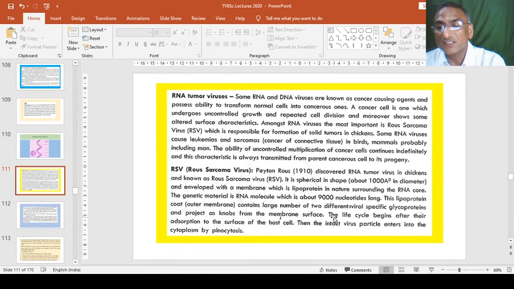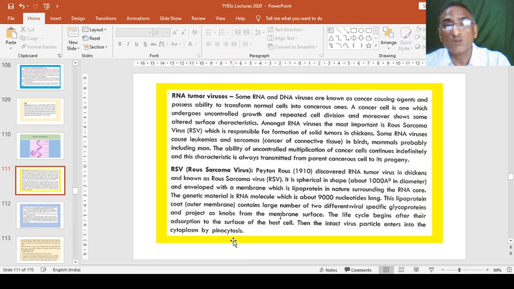The life cycle begins after their adsorption to the surface of the host cell. Then the intact virus particle enters into the cytoplasm by the process of pinocytosis.